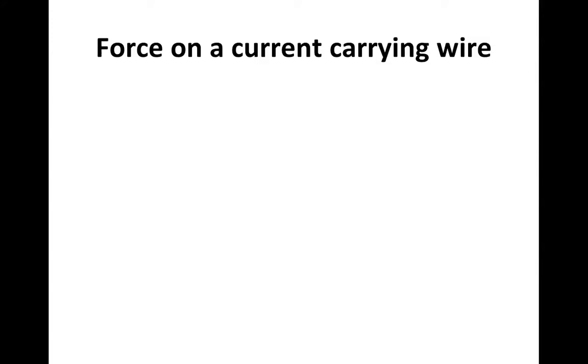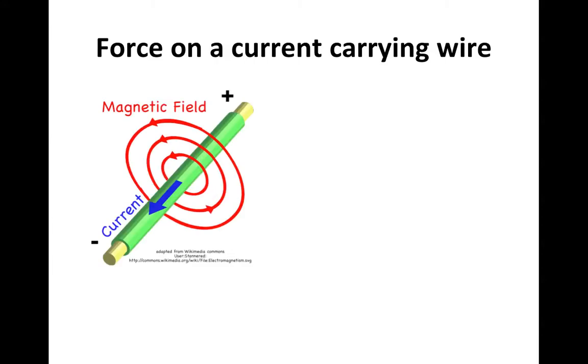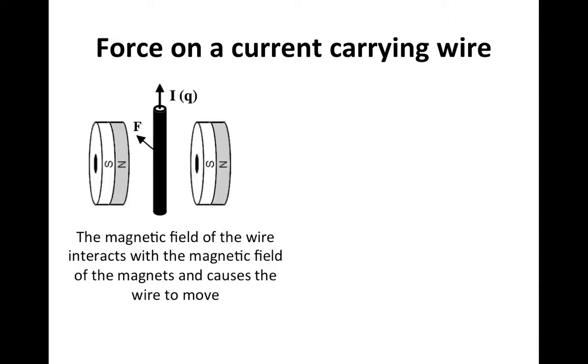Okay, so because a wire that has a current through it also has charges moving through it, that means a current carrying wire is also going to have a force on it. Because this current is creating a magnetic field, this magnetic field will be attracted and repelled by other magnetic fields too.